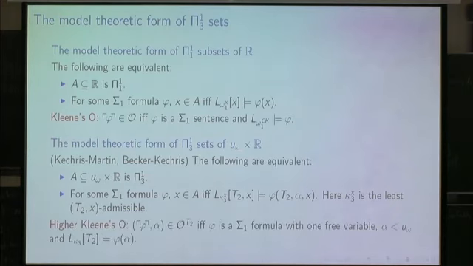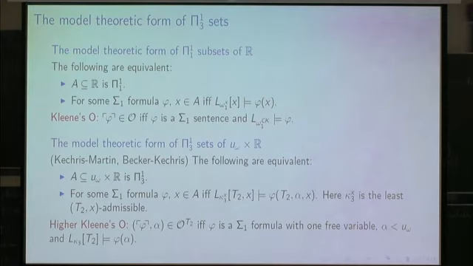We can define the higher level analog of Kleene O, which has two coordinates. It's a pair: the first one is a Sigma_1 formula, and the second one is an ordinal in u_omega. This is the higher level Kleene O, called O^(T_2), where membership means the least T_2-admissible set satisfies phi evaluated at alpha.